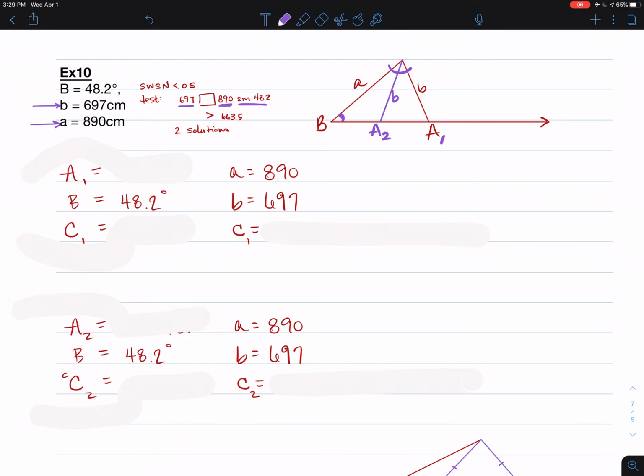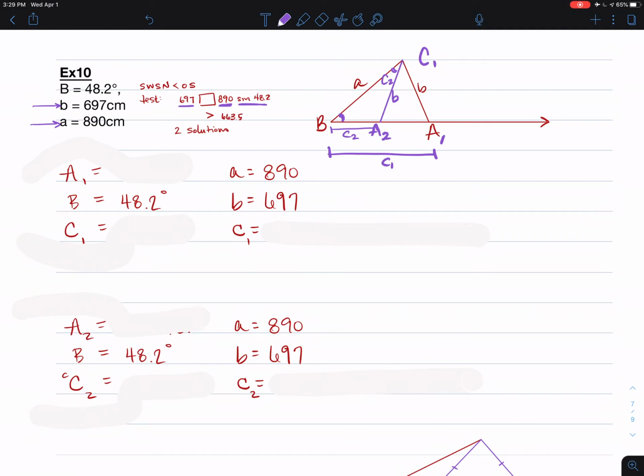This whole angle at the top we'll call angle C1, but just the little tiny angle on the inside, we'll call C2. Then the whole side would be little c1 because it's part of that first big triangle, and this little side would be called c2. Hopefully you can see where each piece belongs.